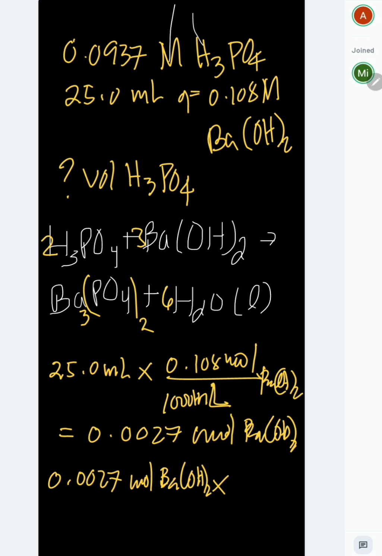The mole ratio is 2 moles of H3PO4 per 3 moles of barium hydroxide. That's why you need to write your balanced equation. If your equation is wrong, then all of your calculations will be wrong. Okay, can you calculate that?